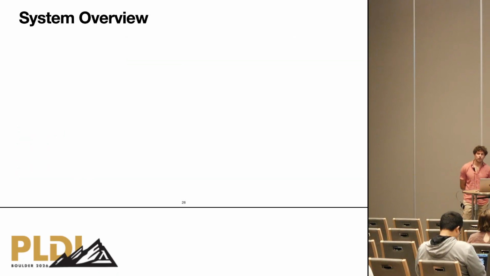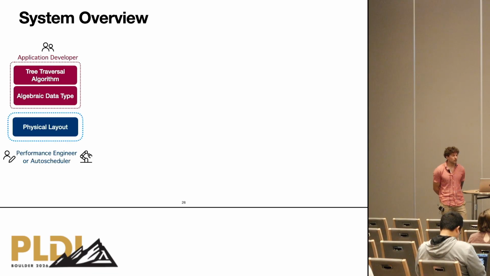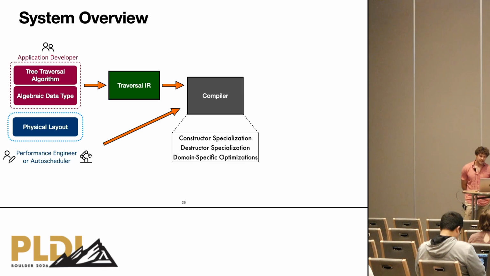Okay, and so we provide a very high-level system overview of what our work looks like. First, the application developer, as I mentioned earlier, writes a tree traversal algorithm and some algebraic data type. Separately, the performance engineer or perhaps an auto-scheduler will write the physical layout. These are passed into our compiler, where we specialize the physical layout for the given algorithm code and then perform some domain-specific optimizations.